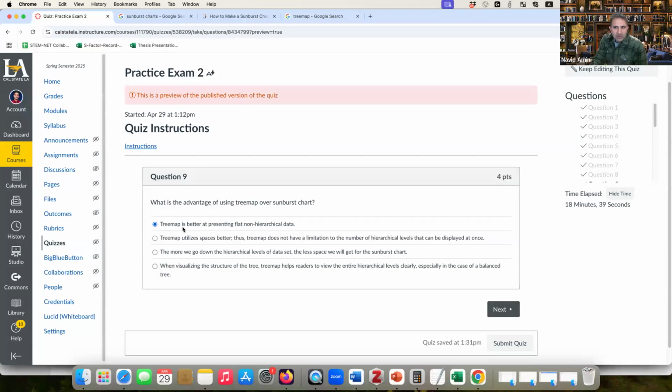It doesn't have to be hierarchical. Whereas with sunburst charts, the data must be hierarchical or else they become useless. It defeats the purpose because they are not space efficient. So the correct answer to this is number 1, the advantage of tree maps over sunburst chart.